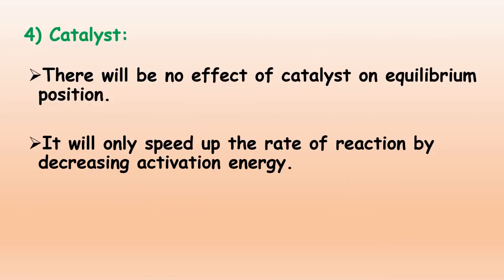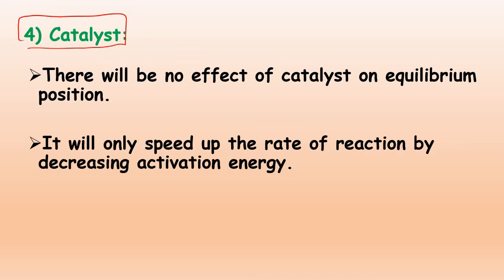Now the last, fourth factor that can change the position of the equilibrium is the catalyst. What you will write is that there will be no effect of the catalyst on the equilibrium position, right? Equilibrium will not move forward or backward whether we add a catalyst or not.